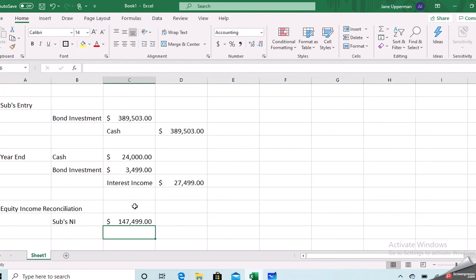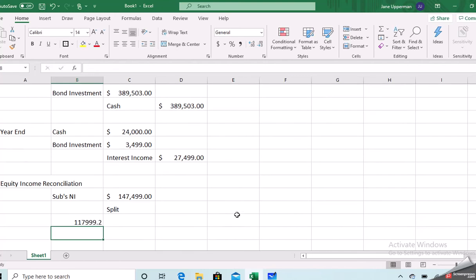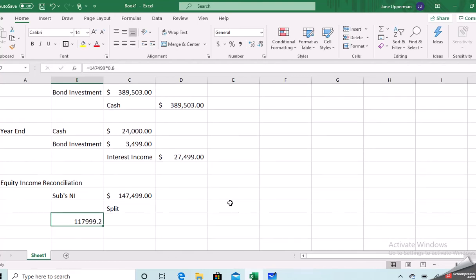Well, because these are the parent's bonds, the NCI has no interest in them. So we're going to do our split right away. $147,499 times 0.8 gives me my parent's share, and then I'm going to round it to the nearest dollar.